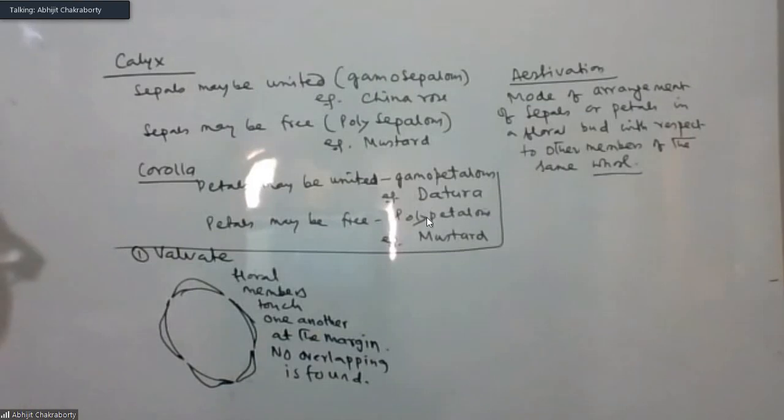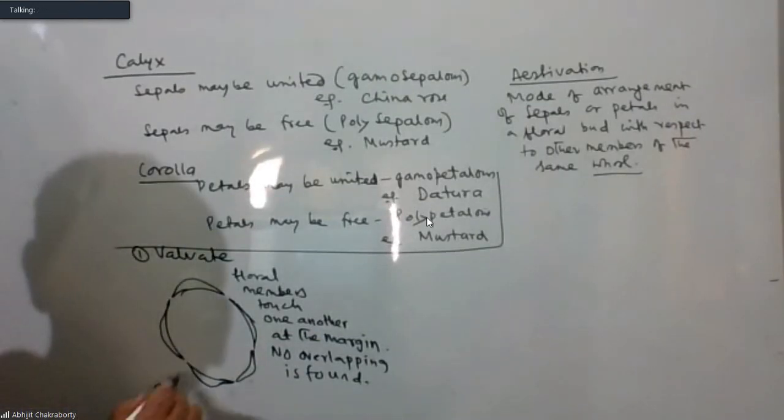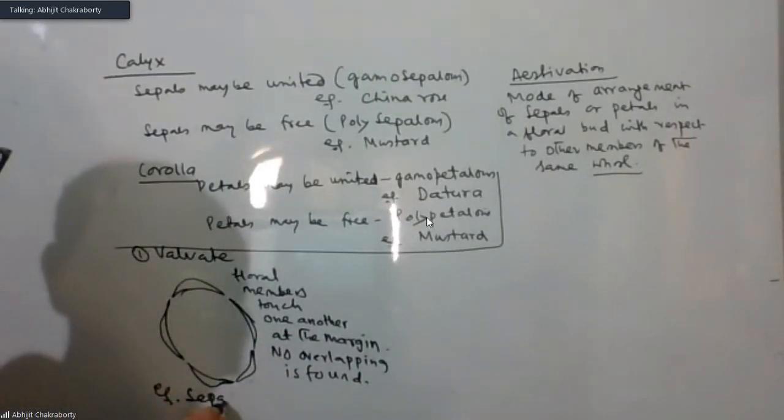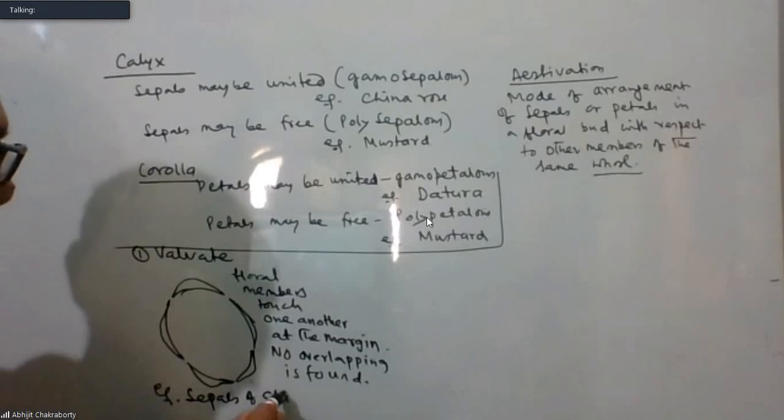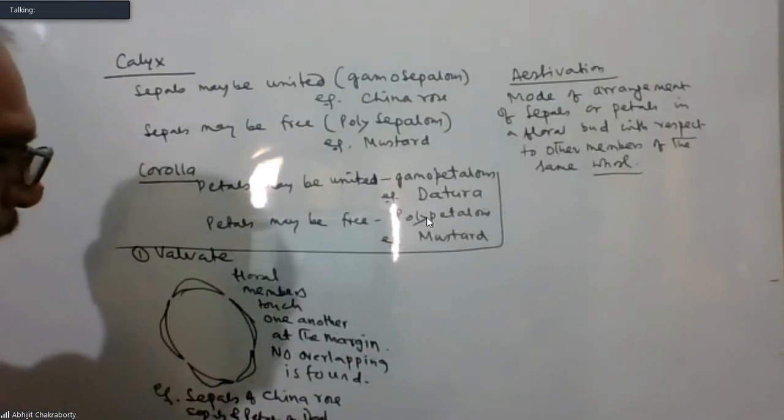No overlapping is found. Example, sepals of China rose, sepals and petals of Datura.